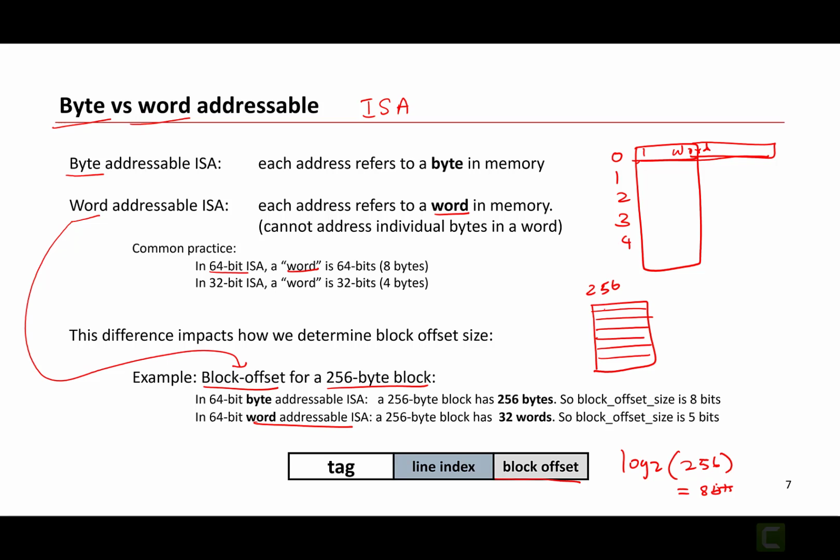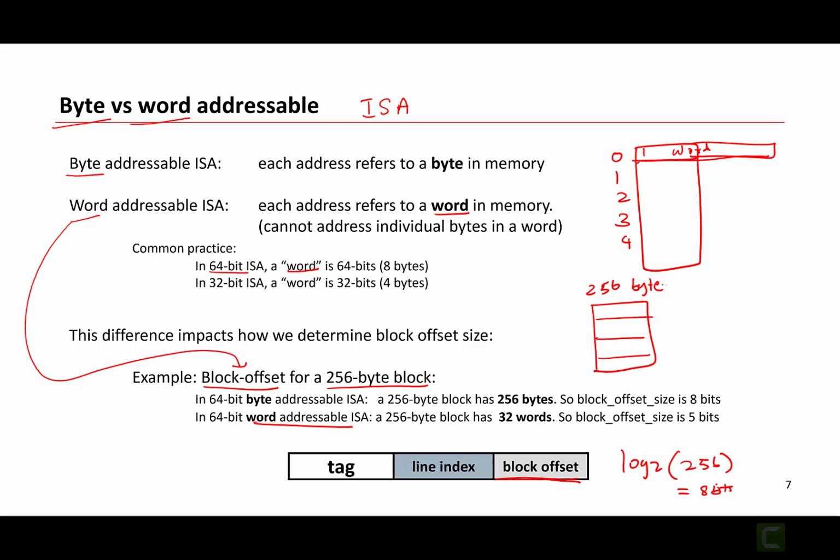So my granularity is now much larger, which is a word. And now I have to think about the block offset as how many bits do I need to distinguish the different words in that block, right? And so one has to then figure out how many words do I have in a 256 byte block, right?